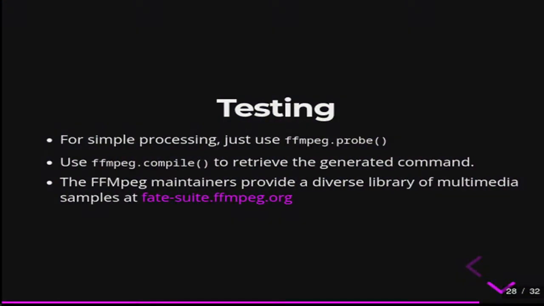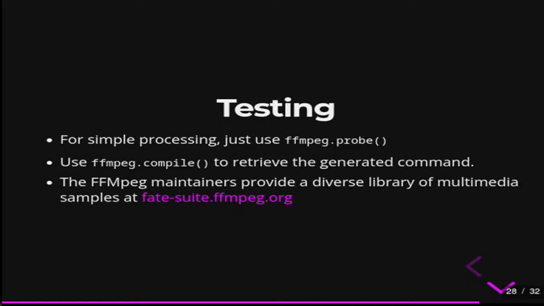And what about testing things you develop with FFmpeg and Python? It's a complex thing, because sometimes you might have to process the stream you generate frame by frame, because these are your requirements. But for simple stuff, using FFmpeg probe to just make sure that your output is sane and, for example, is within the desired duration you expect can be enough.